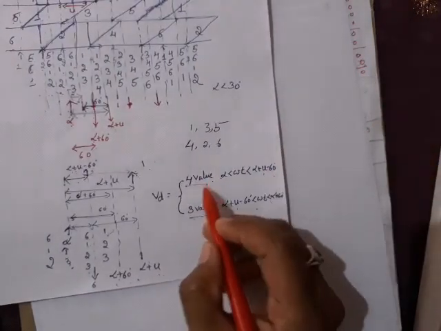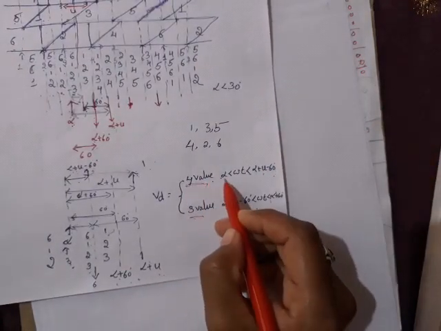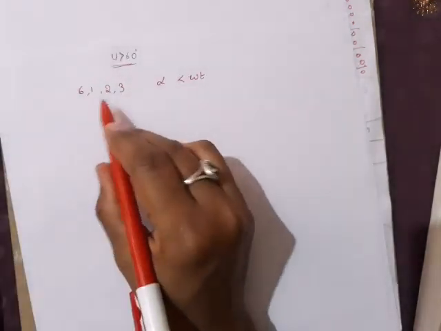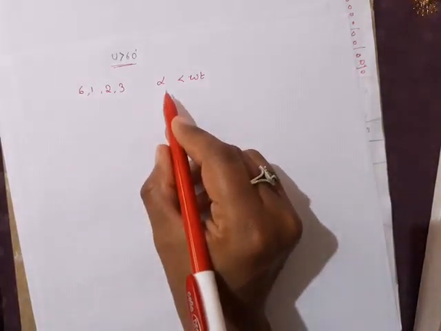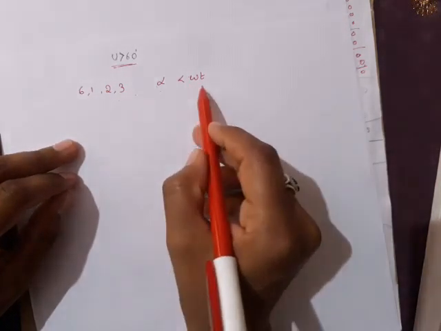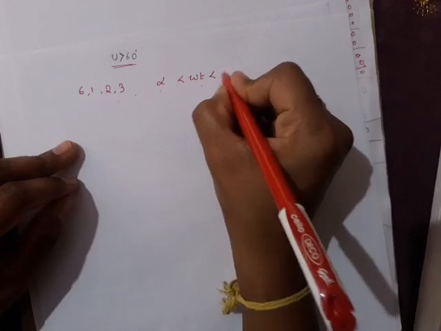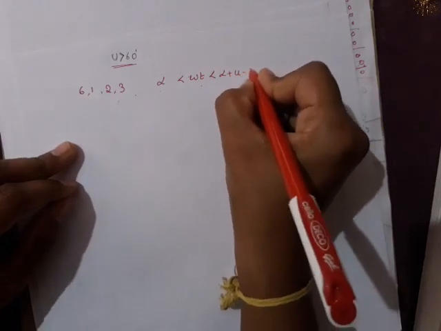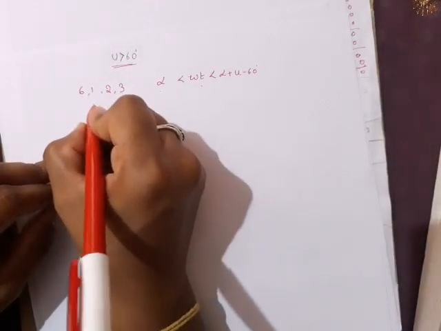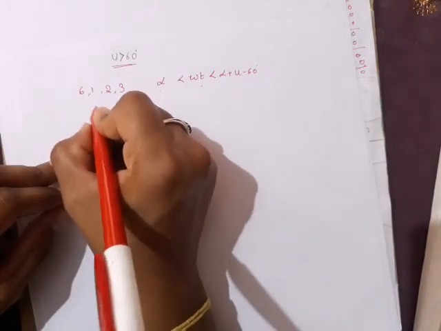Or else I can show you here. See here, 4 valves will conduct for alpha to alpha plus u minus 60 degree. Valve number 3 comes into conduction at the point of alpha: 6, 1, 2, 3, for alpha less than omega t less than alpha plus u minus 60 degree. Later valve number 6 goes out of conduction.